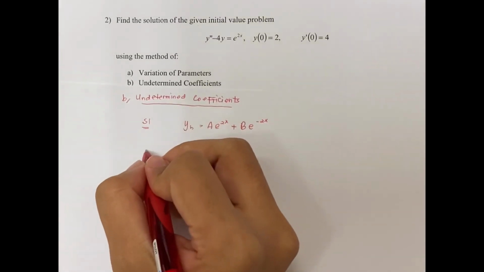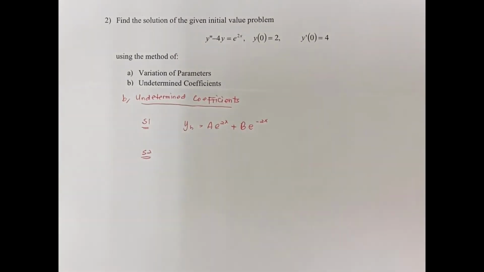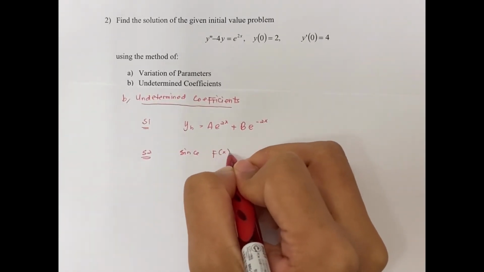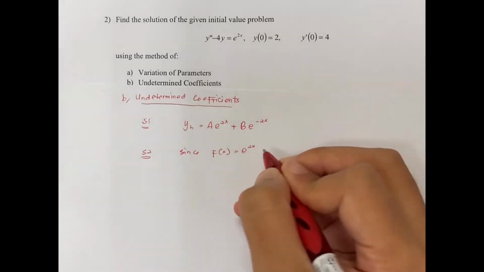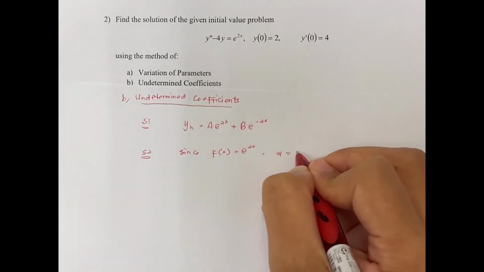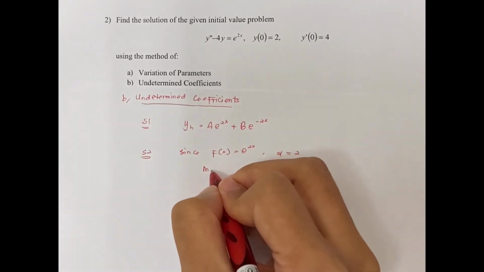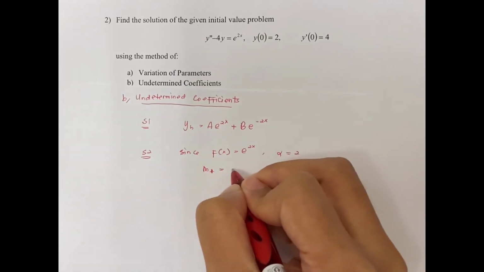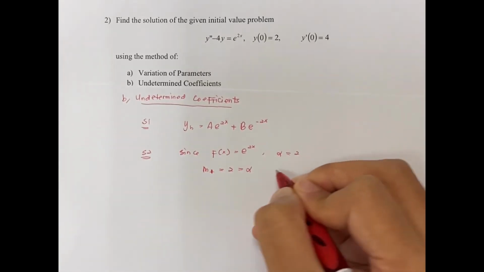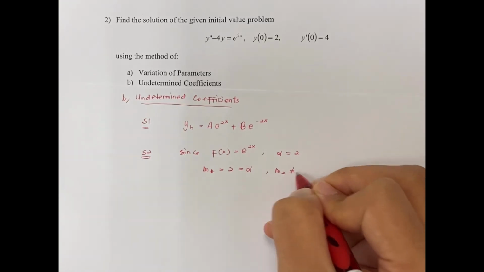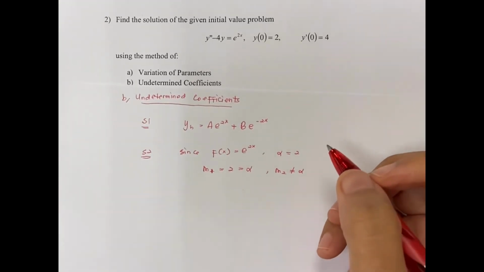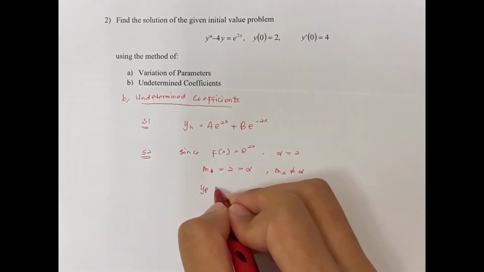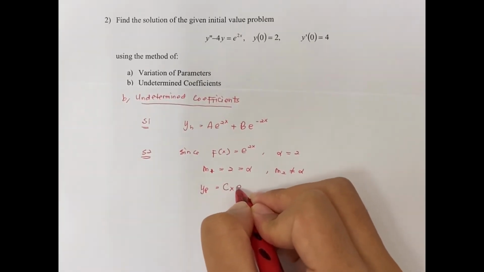Second step, for yP, since f(x) is equal to e^(2x), you know alpha is equal to 2 and your roots m1 is equal to 2, equal to alpha, but your m2 is not equal to alpha. Okay, so one of your roots is equal to alpha. So your yP is automatically equal to C x e^(2x).